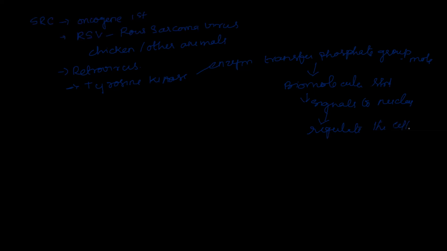Now the cell will become defective, then it's a cancerous cell. So that is the activity of kinase: it adds a phosphate group to certain molecules. Once it gets added, there is going to be a change in the structure. That will send signals to the nucleus of the cell, which will regulate the cell division in such a way that the cell ends up becoming a cancerous cell.